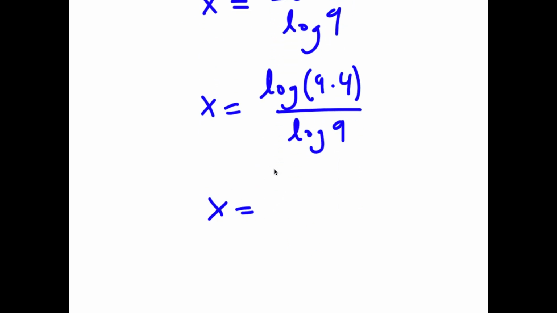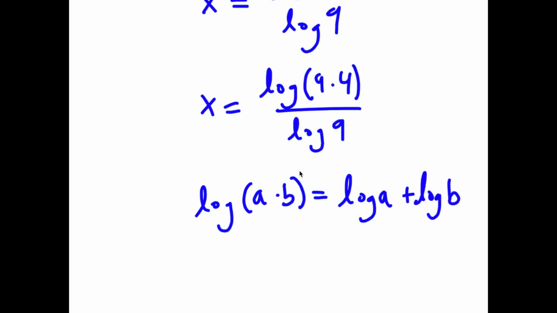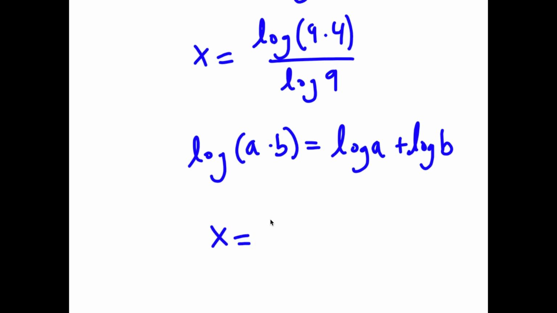Now if I have something in the form log of a times b, this is equal to log a plus log b. So log of 9 times 4 is going to equal log of 9 plus log of 4.